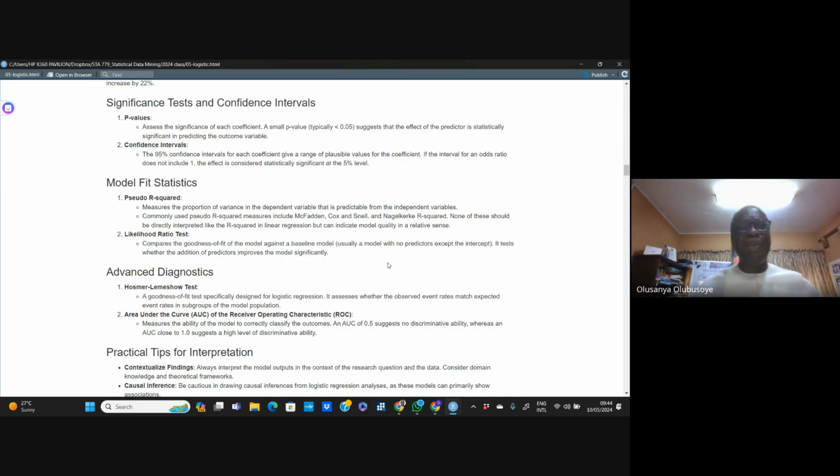You can also use the likelihood ratio test to test whether adding an additional predictor improves the model significantly or not. It's another measure of fit.